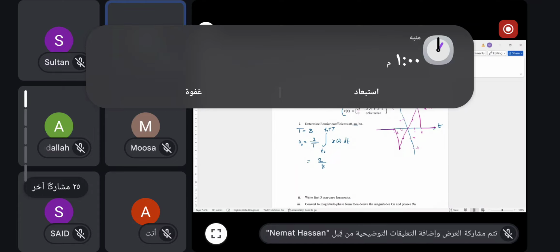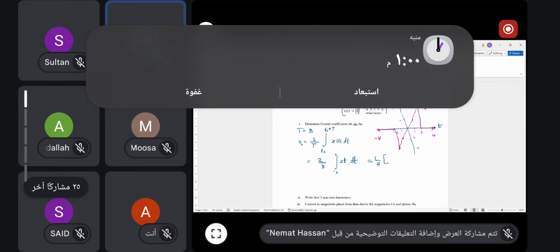Now notice the period is 8. So realistically, the period starts from -4 to +4. But from -4 to -2, and from 2 to 4, the value is 0. So we integrate from -2 to 2, where the value of x of t is 2t dt. 2 over 8 is 1 over 4.